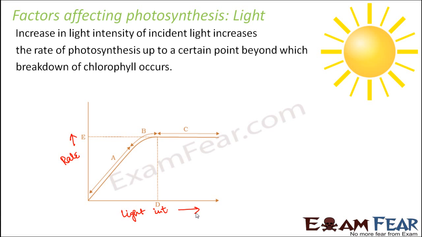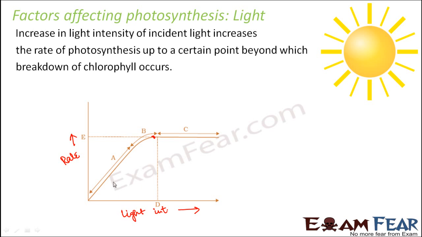As we increase the intensity of light, initially at the lower intensities, the rate of photosynthesis also increases. But gradually it reaches a saturation point beyond which even though the intensity of light increases, the rate of photosynthesis does not increase. Now why does that happen?